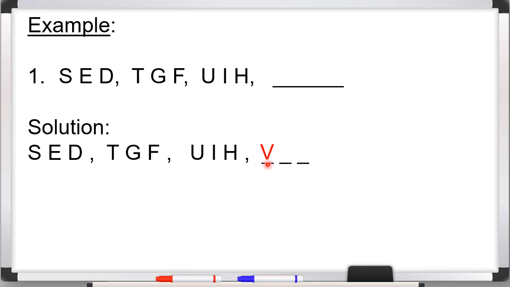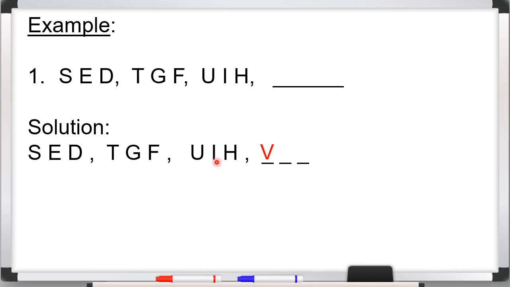Then beta, now see next two alphabets of each group. Here in first group, next two alphabets are ED. Here in second group, next two alphabets are GF. Here in third group, next two alphabets are IH.